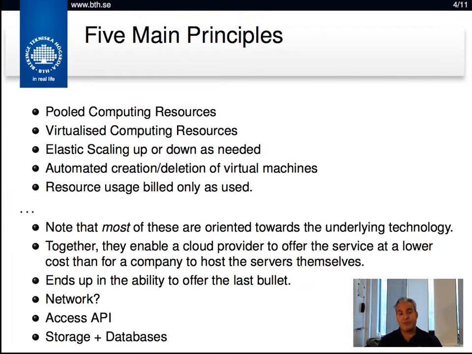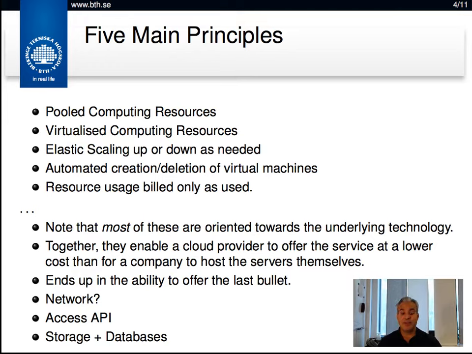Most of these, as you notice, are geared towards the underlying technology, and they enable a cloud provider to offer services at lower cost than if we have to have the machines by ourselves. This in turn means that we can get away with paying for only when we're using the machines, because when we're not using the machines, someone else is.